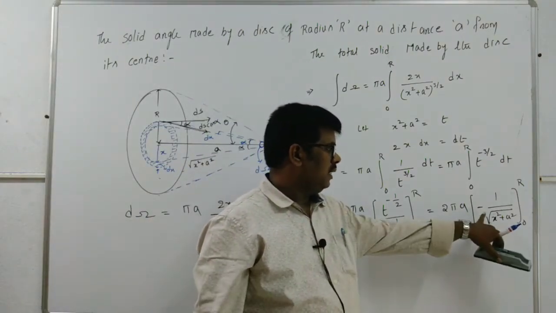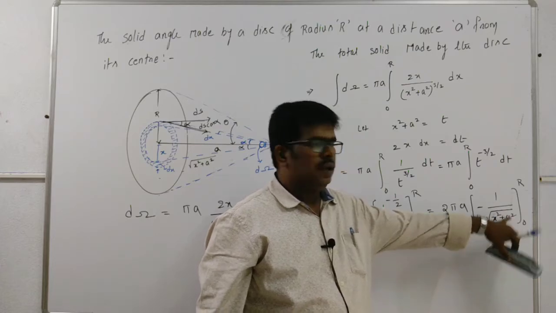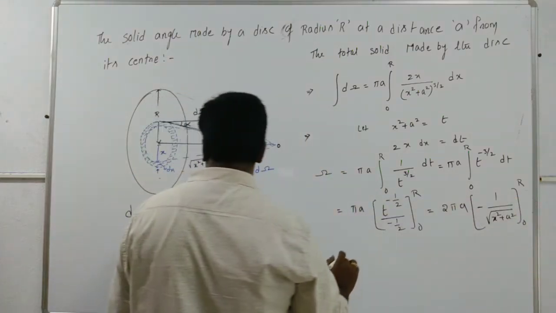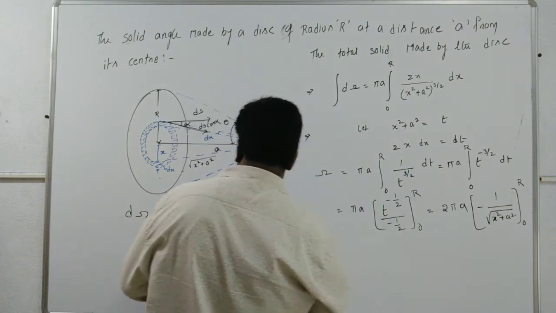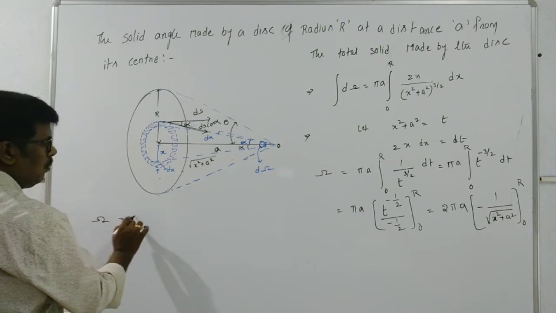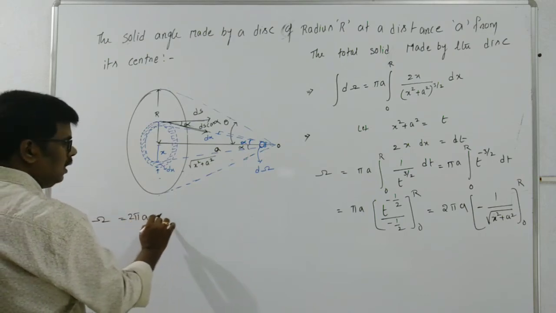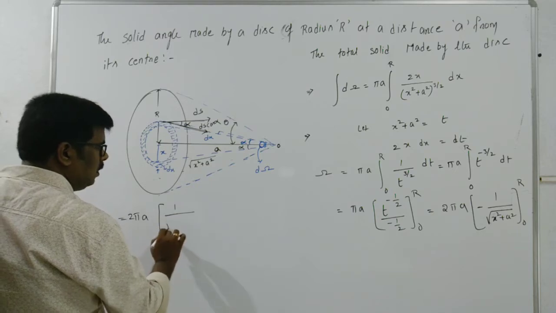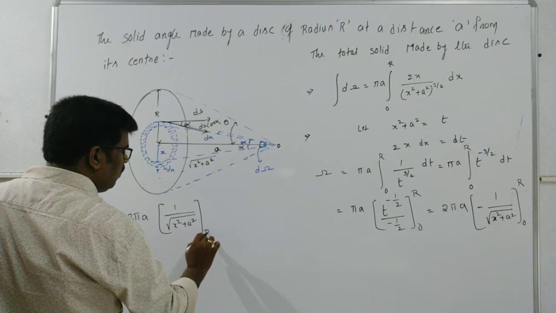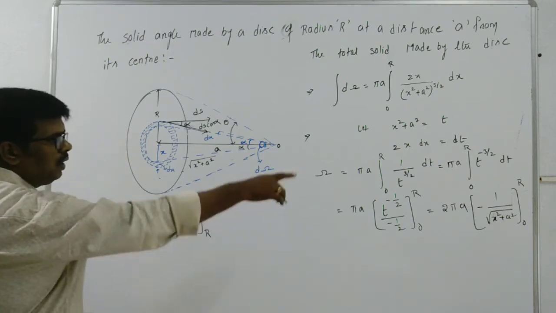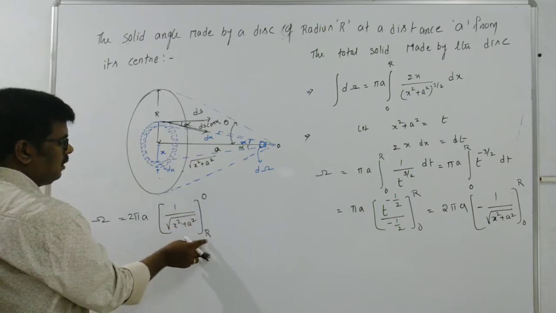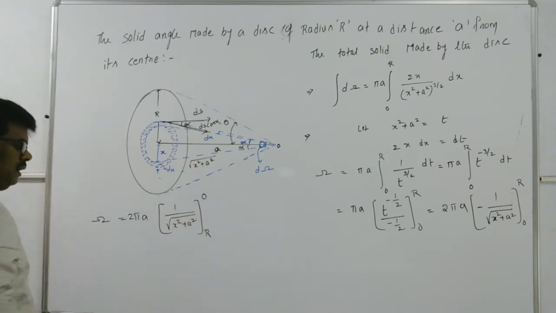This minus sign can be eliminated by interchanging the limits. So omega equals 2 pi a into 1 by root over x square plus a square, with limits from r to 0. Actually 0 to r is there, so I am eliminating the minus sign by interchanging the limits to r to 0. Then apply the limits here.